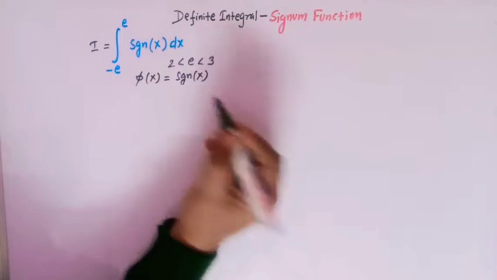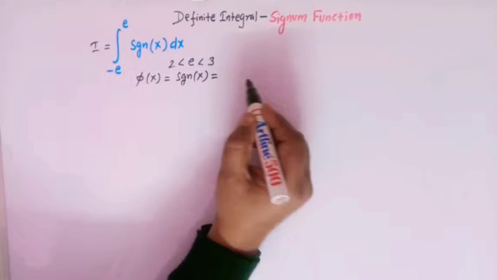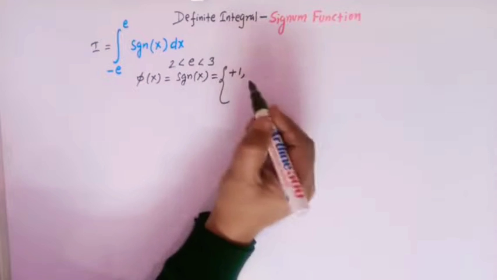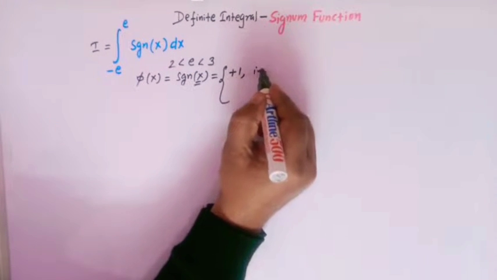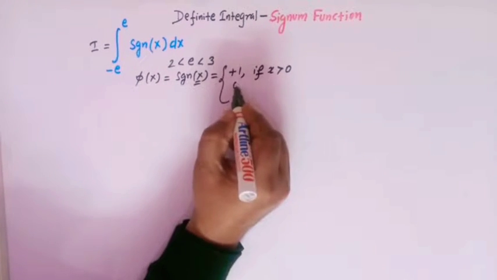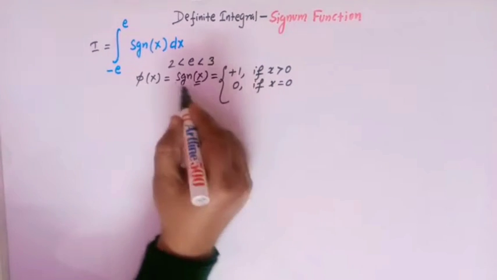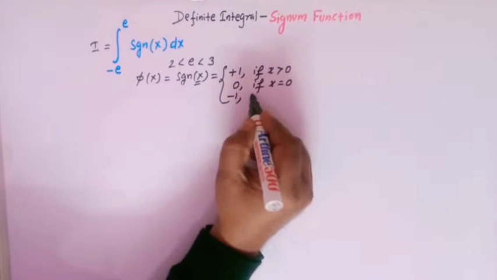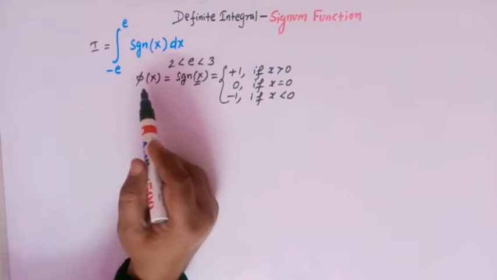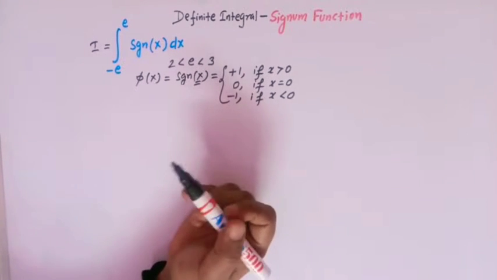This is the signum function, and from the definition of the signum function, we know that it takes the value plus 1 whenever x is greater than 0, signum of x is equal to 0 if x is equal to 0, and signum of x is equal to minus 1 if x is less than 0. Here we have assumed that signum of x is equal to some function phi of x.